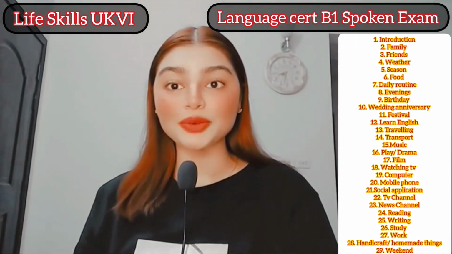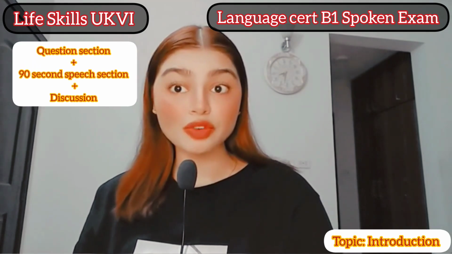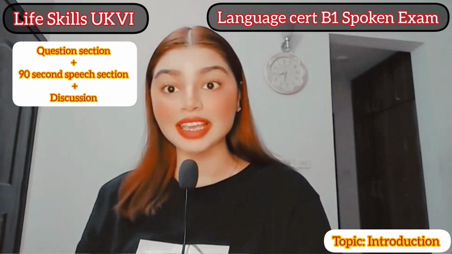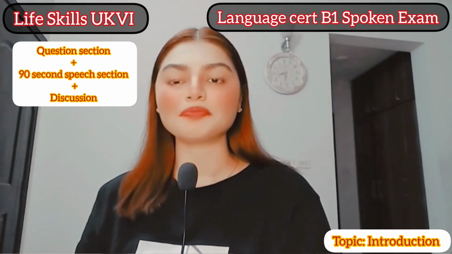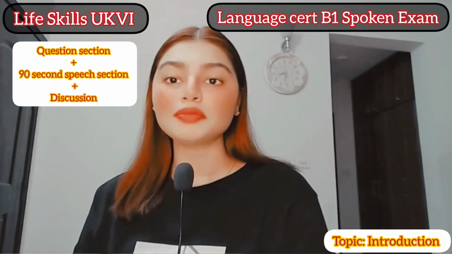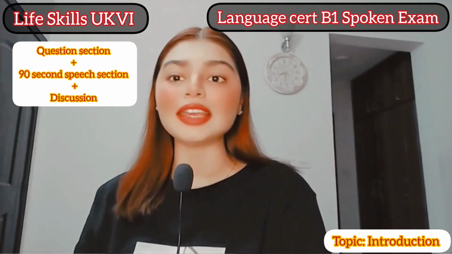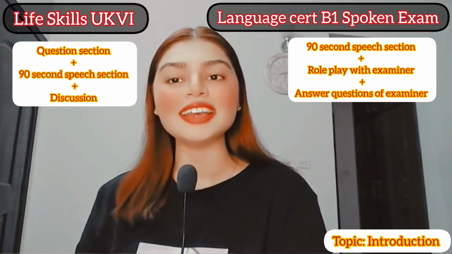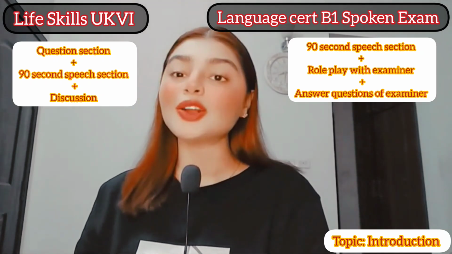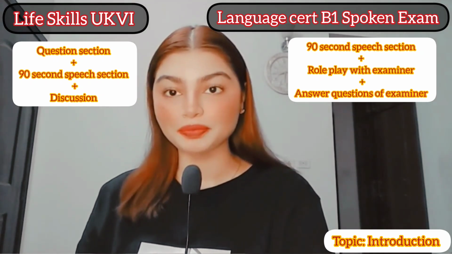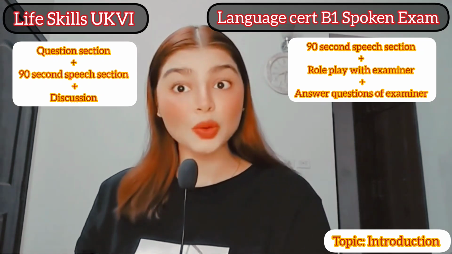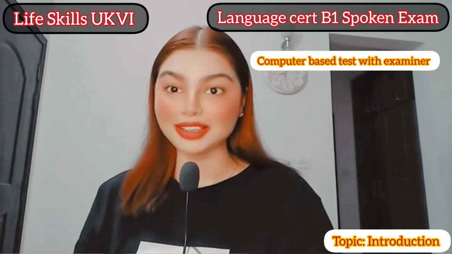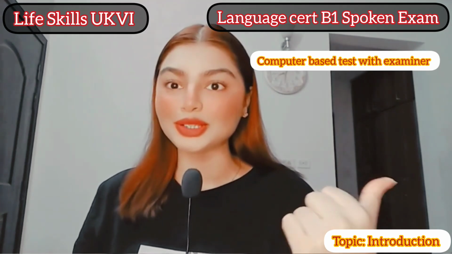So as you guys know, there is a question round in IELTS B1 Life Skills and a 90-second speech round, and also discussion. On the other hand, in the Secure English Language Test, you have to talk for 90 seconds and answer questions of the examiner. And even ask questions from the examiner, because in this test, you don't have candidate B. This test is taken on the computer.